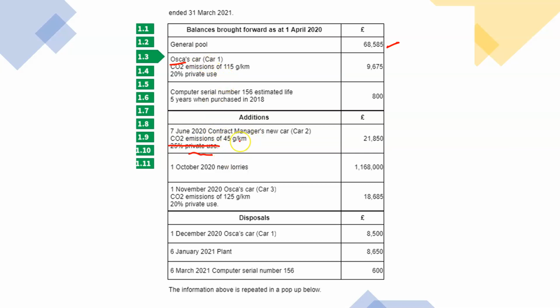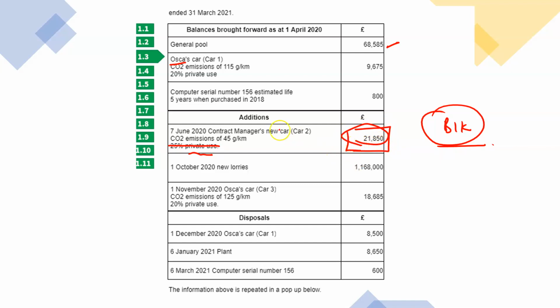But if it isn't, whoever the employee is gets what's referred to as a benefit in kind. I don't know if it's on your syllabus. We'll see if there is a question on that. But the whole car belongs to the business, so we can work with that whole figure, 21,850.